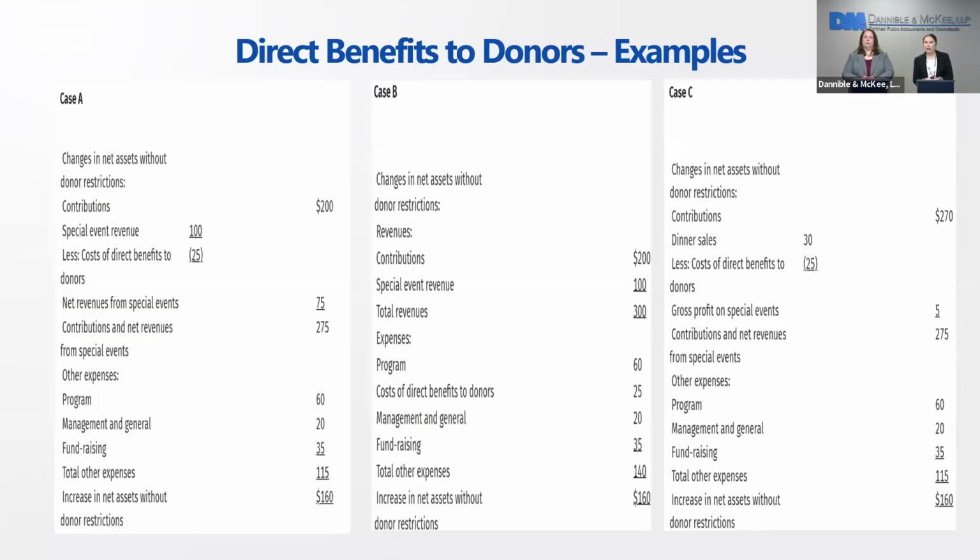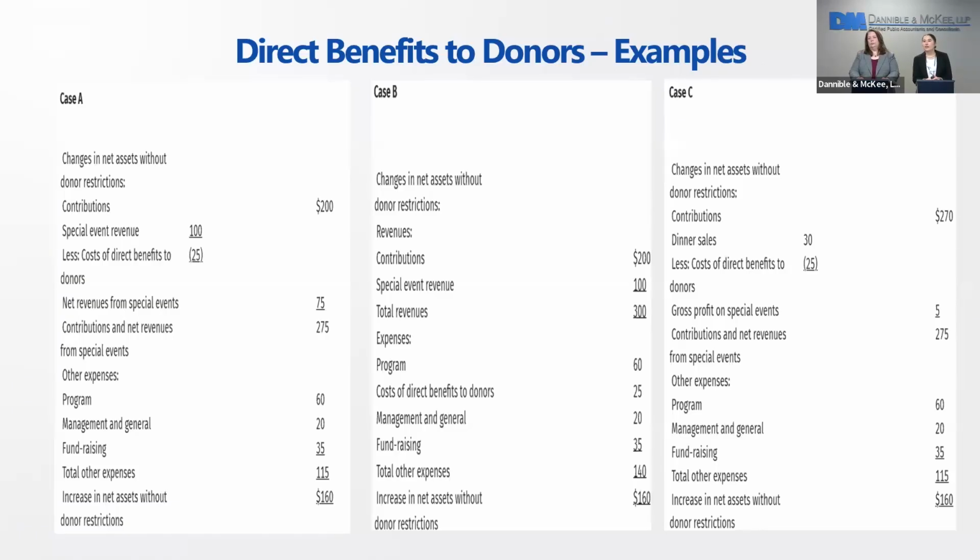That direct cost of benefit to donors is actually down below in your functional expenses under program, direct cost of benefit to donors, management and general, etc. So whether it's going to go net or whether it's going to go down in your expense category depends on if it's incidental, if it's major, and the nature of the fundraising activity.